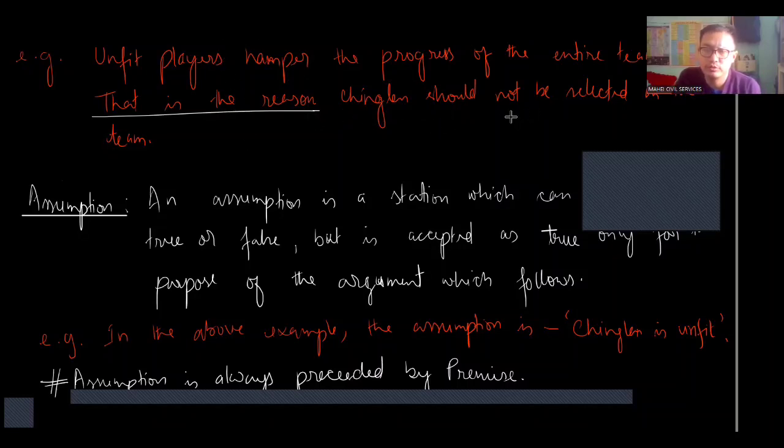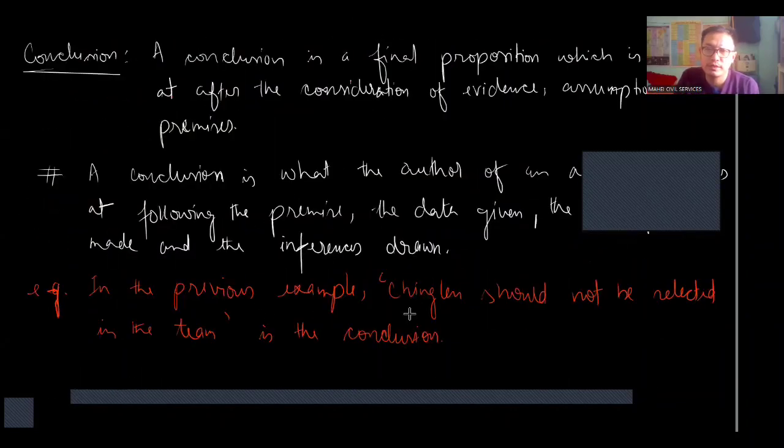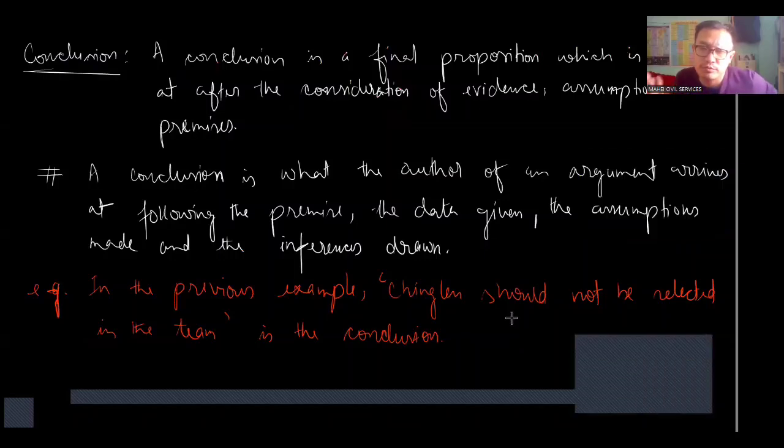So now, a conclusion has to be preceded by or has to follow certain premise, certain assumption, certain inference. Chinglen should not be selected in the team. The premise: unfit players hamper the progress of the entire team.